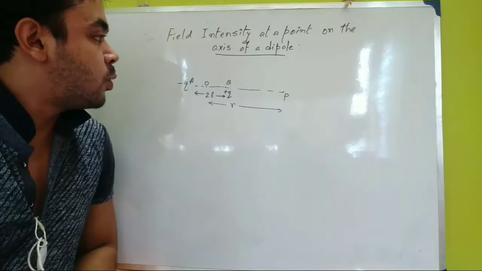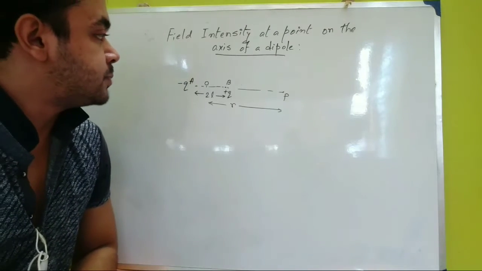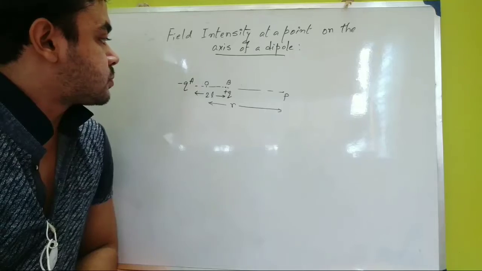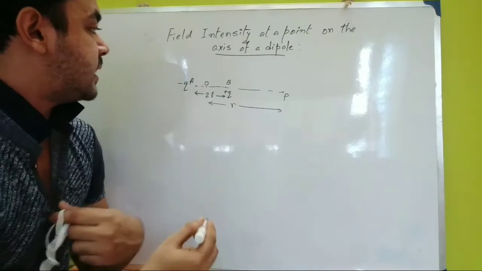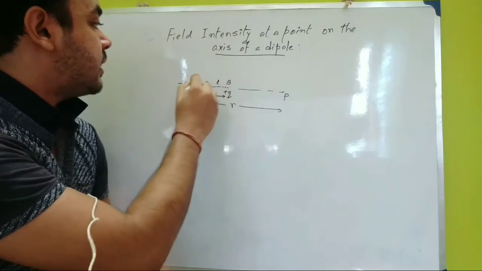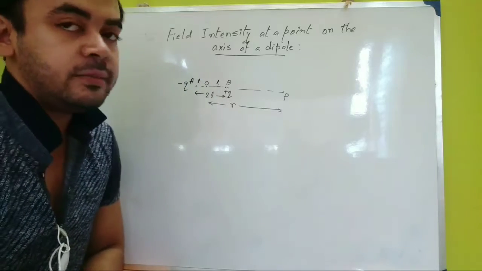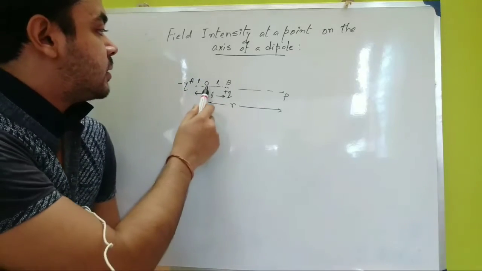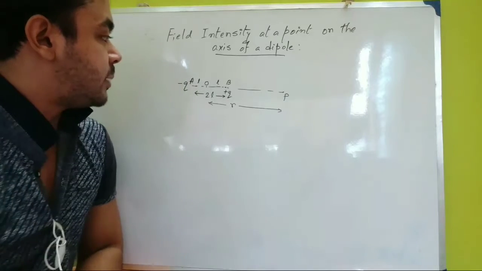So if AB is twice L, then OB is L and AO is L, because O is the midpoint of AB.